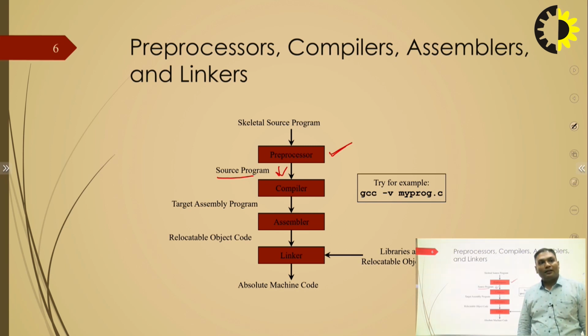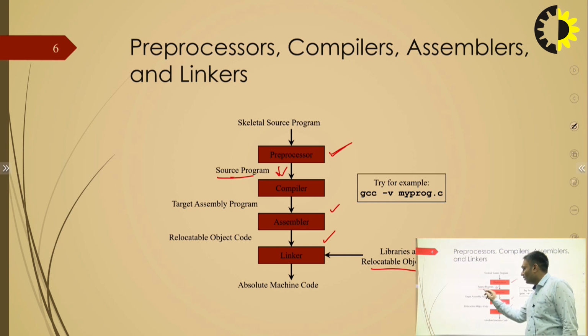Compiler, if required, may use the assembler and it may use the linker to link the essential libraries and relocatable object files. Then further the source program gets converted into the machine code.